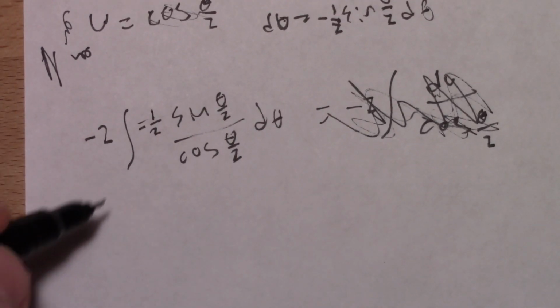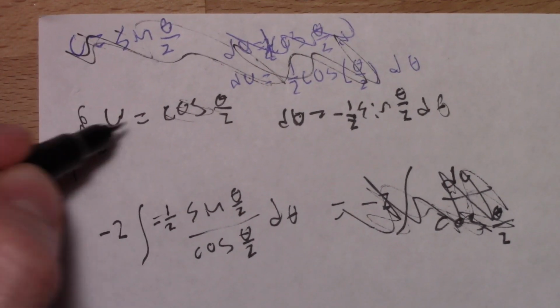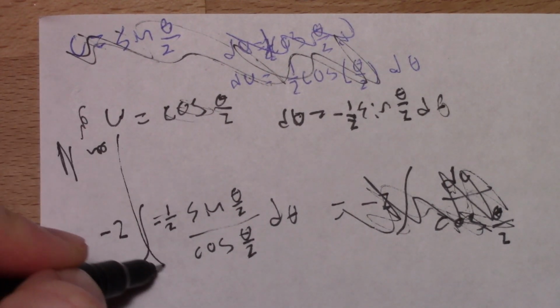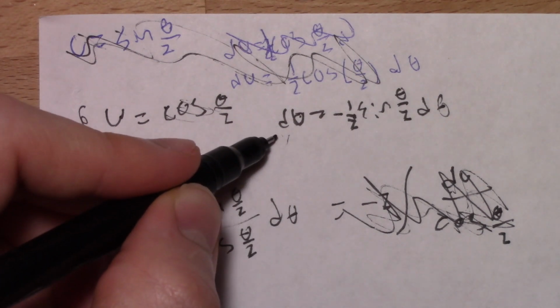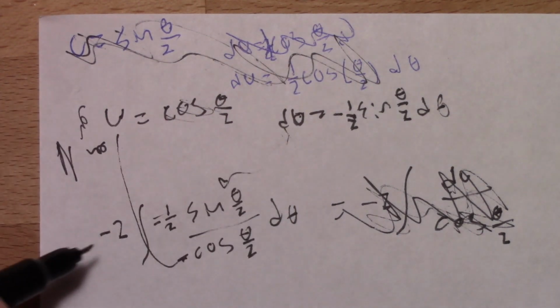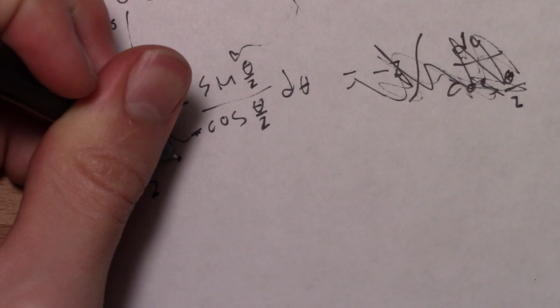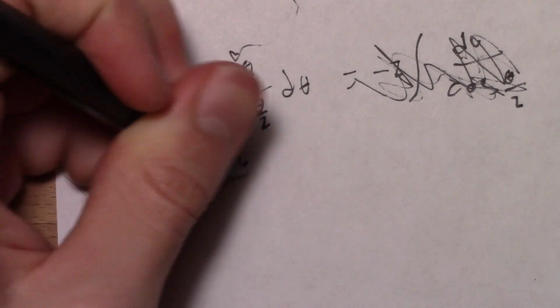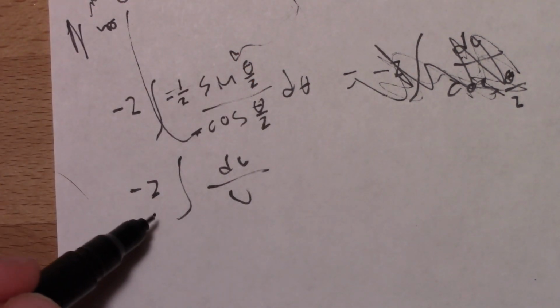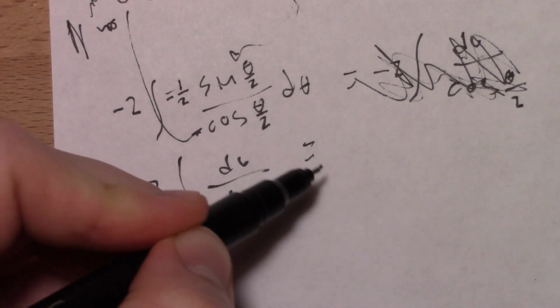We have u goes to here. du goes everywhere else, right? So now we have negative 2 integral of du over u. Yes.